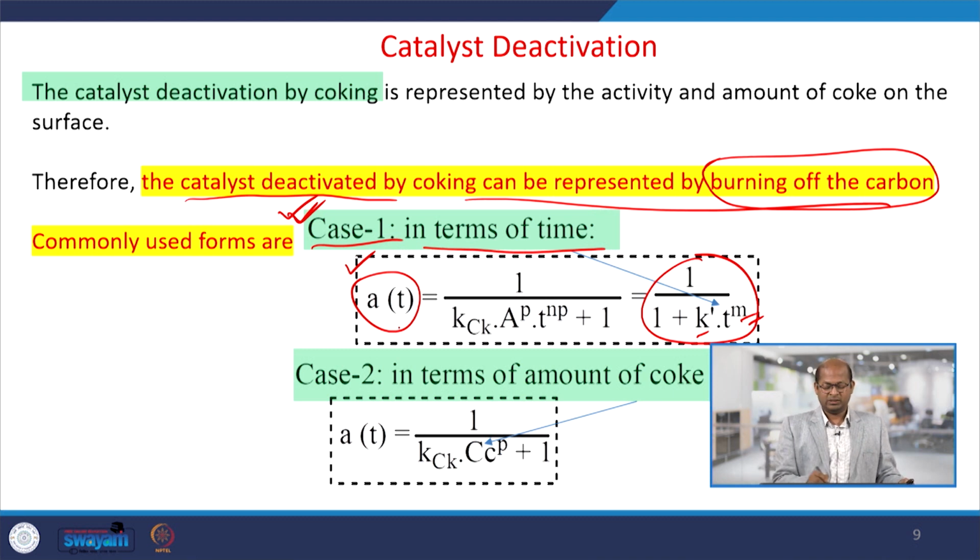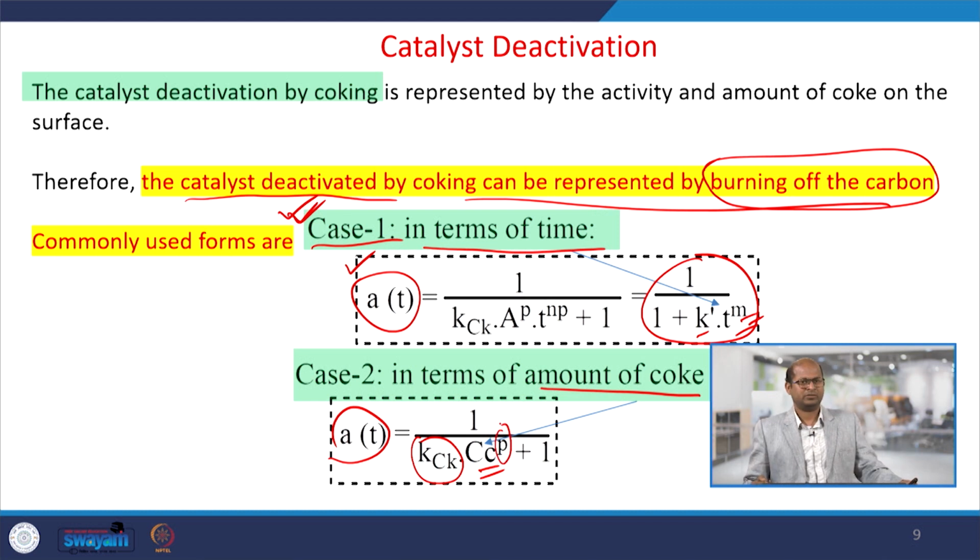If kc and p are known for that particular system, we can use these correlations to find the performance of the catalyst, that is, how the activity changes with time.